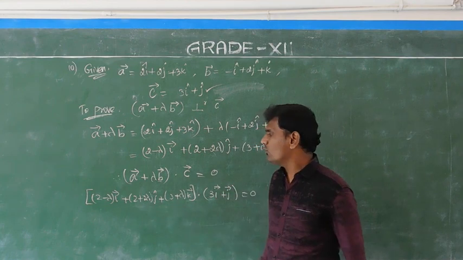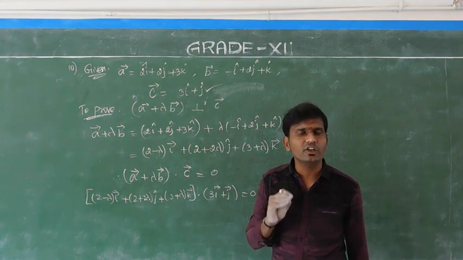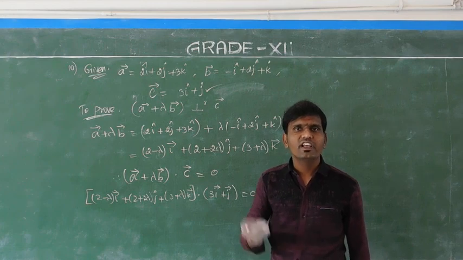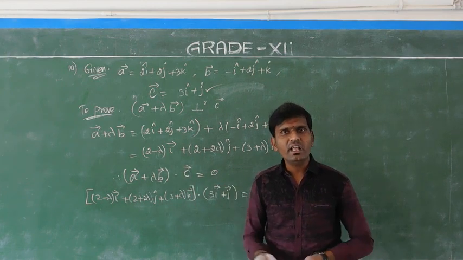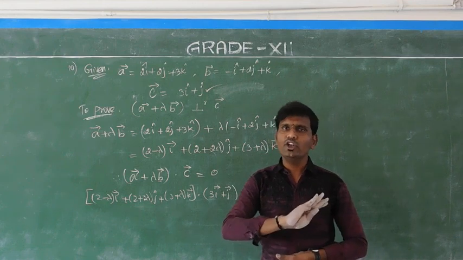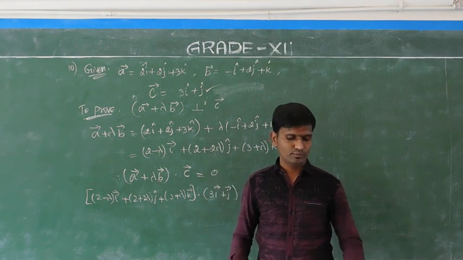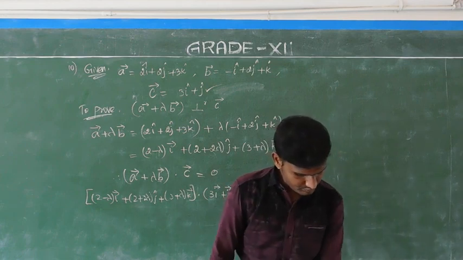Then what do we do? Taking the dot product, how to take it? i to i, j to j, k to k, and the remaining we get equal to 0, so we don't need to find that one. Now listen.